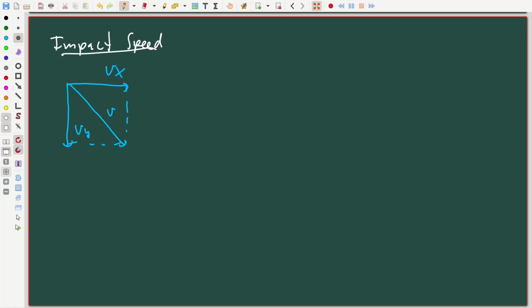So now we can use the theorem of Pythagoras in order to calculate v, which means we can write v is the square root of vx squared plus vy squared. The only question is, what is our vx and what is our vy, how can we calculate them?